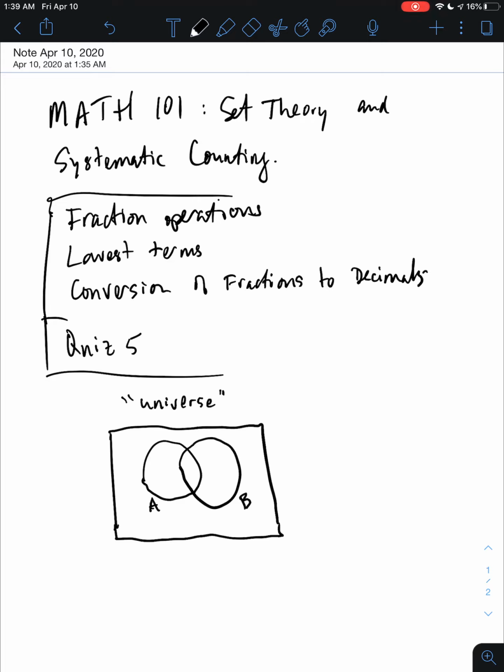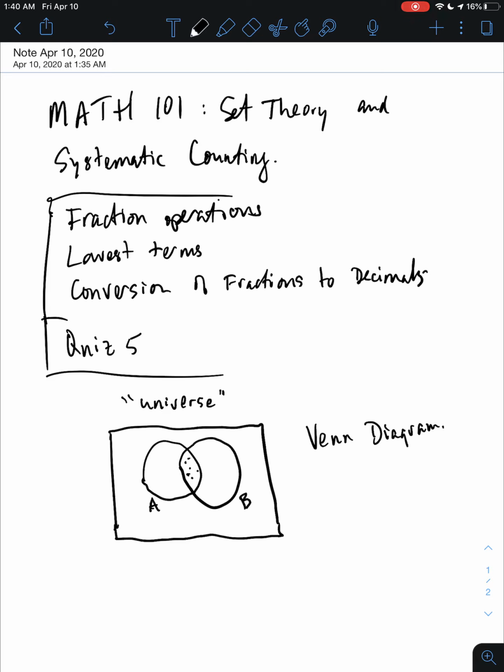They may or may not overlap, but in general they do. So we're going to draw them overlapping. And this kind of figure is called a Venn diagram, which I'm sure you have seen before. And so A could be all the students who like chocolate ice cream, and B could be all the students who like vanilla ice cream. And then the overlap is those who like both chocolate and vanilla.